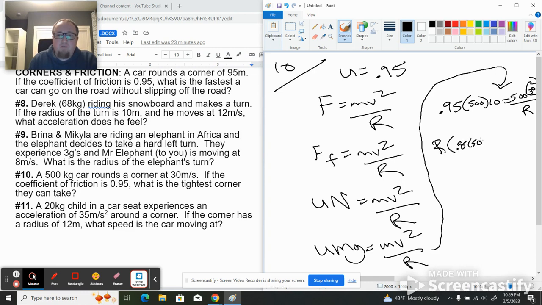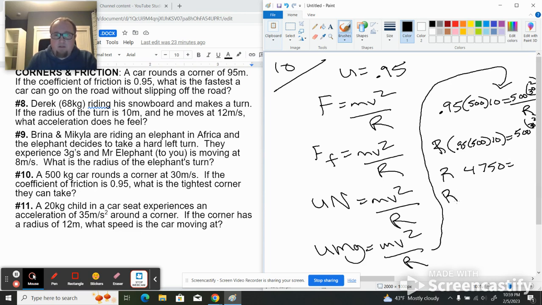I'm going to show my work; I really wanted to multiply these, but I didn't want to skip a step. Now I'm going to simplify the left numbers and the right numbers. The left numbers is r times 4750. The right numbers, I got 500 times 30 squared, which is 450,000.